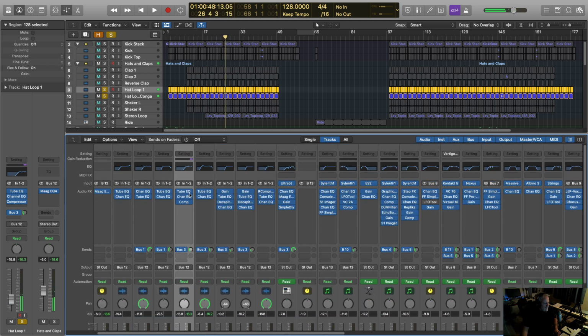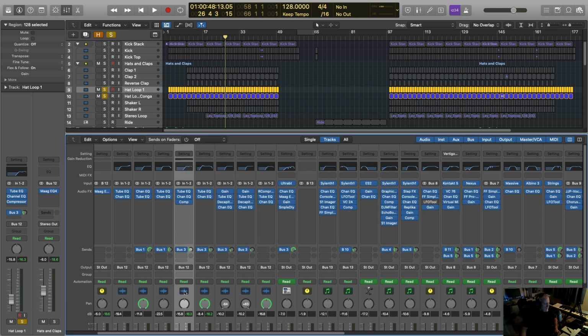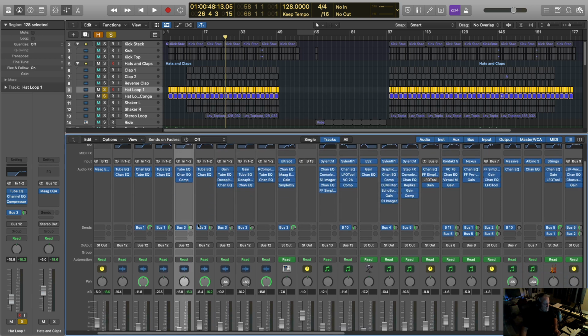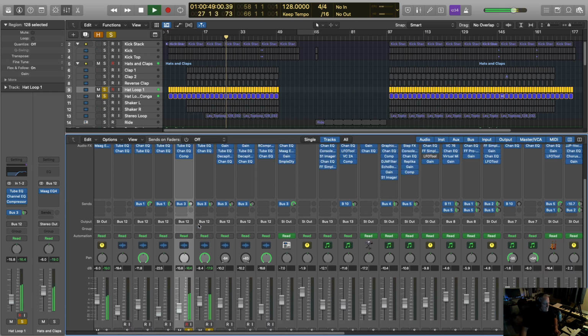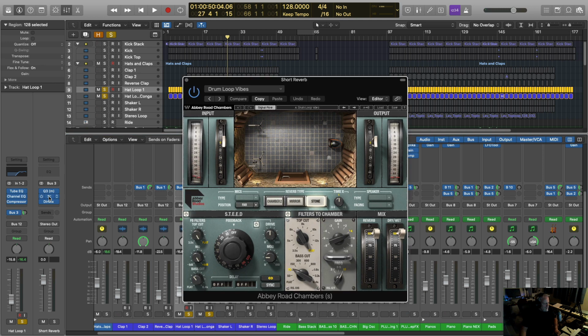Now I've got kind of like a Pultec EQ on here, and I've cut away some of the mud, obviously, which is what you do. And actually I gave a little boost because there's a little tom in there that I kind of like the sound of. All right, but I have this sent to an Abbey Road chamber, and that I call the short reverb.